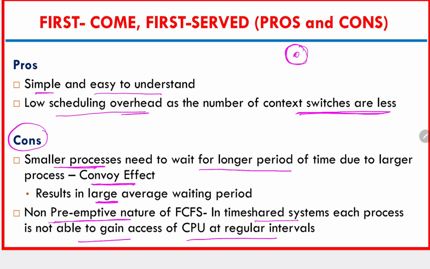As we know, in time shared systems, each process gets the access of CPU for a certain period of time on a turn by turn basis. But over here, there is no such scenario. Once the process gains the access of CPU, it will continue with it for its entire burst period. So that is why in a time shared system, the processes are not able to gain access of CPU at regular intervals. So that's all about FCFS.